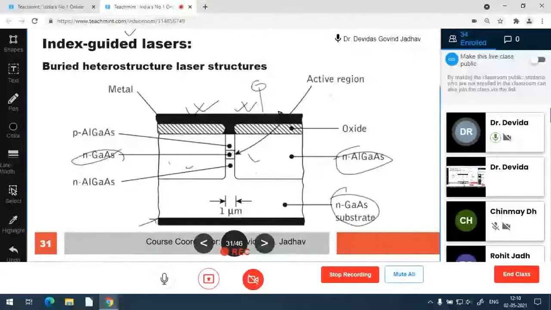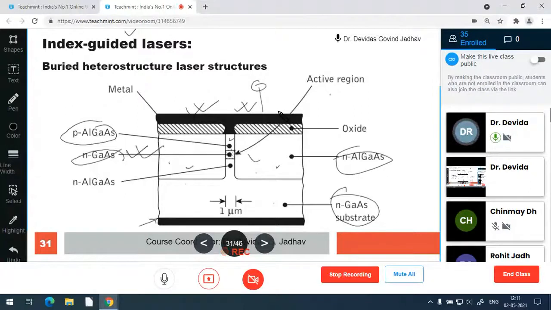So it is very thin and very small in two directions, horizontal and vertical, and in the z direction it is long. So a very thin as well as very small active region is achieved with the sandwiching in between the second layer, and above that active region there is one more region, that is p-type AlGaAs.